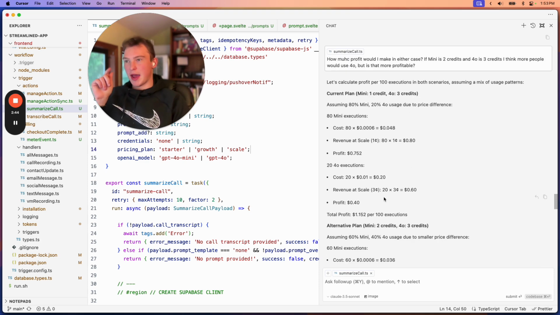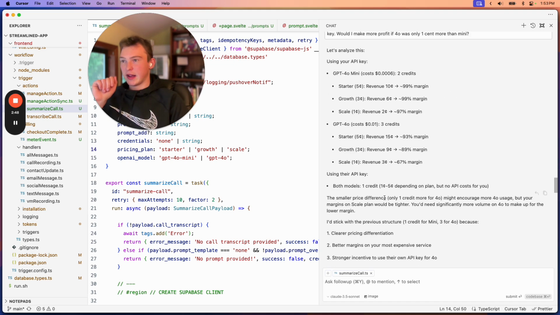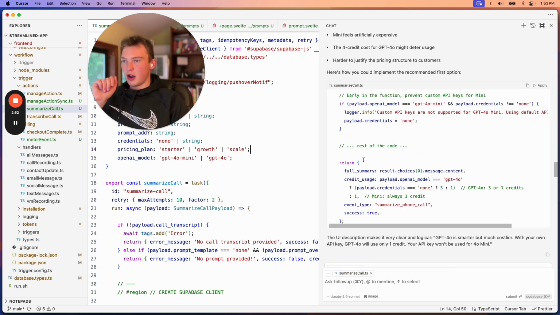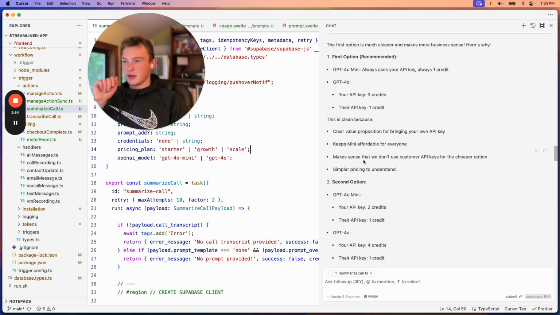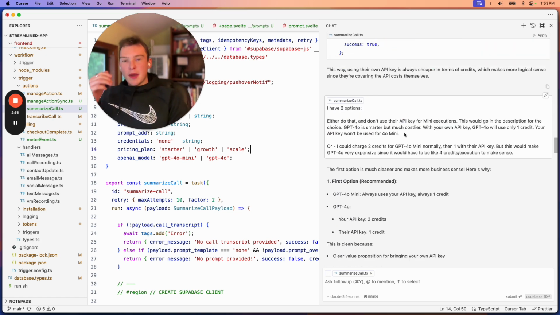So here's the math. The options that it came up with were either mini would cost 1 credit per execution, and you could use your own API key. If you used your own API key, it would still cost a credit, and we wouldn't even use your API key for mini.